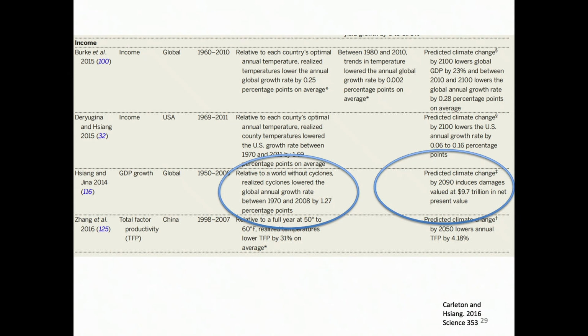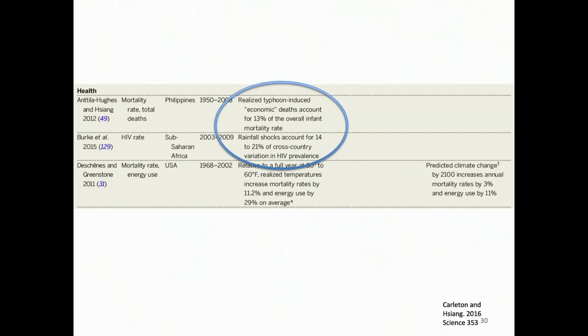Predicted climate change by 2090 induces damages valued at 10 trillion in net present value today. That's a big number, okay? Just a couple more. Realized typhoon-induced economic deaths account for 13% of the overall infant mortality rate. That's amazing. These delayed typhoon deaths are 13% of total infant mortality.